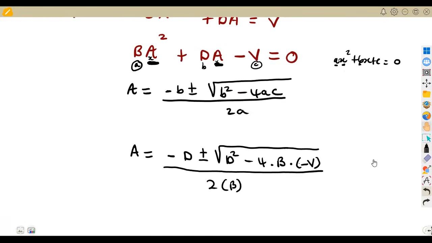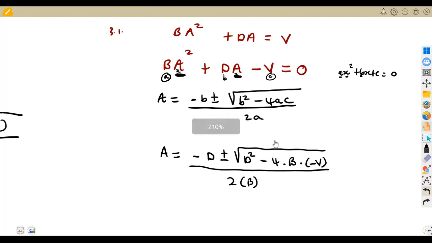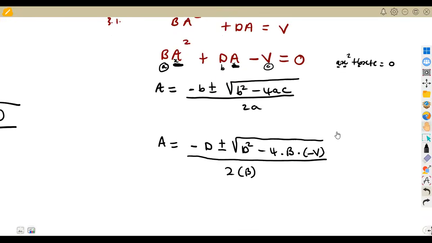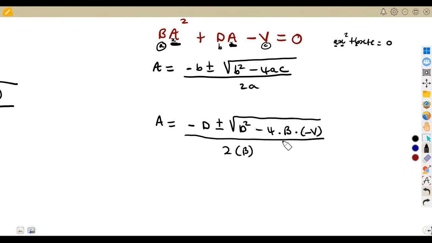If we consider that, you can clearly see that we can simplify what is inside of the bracket.